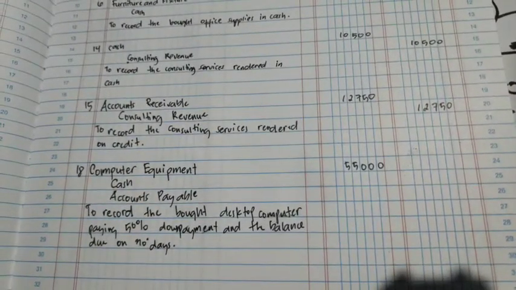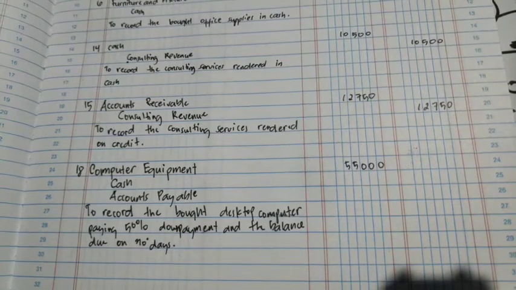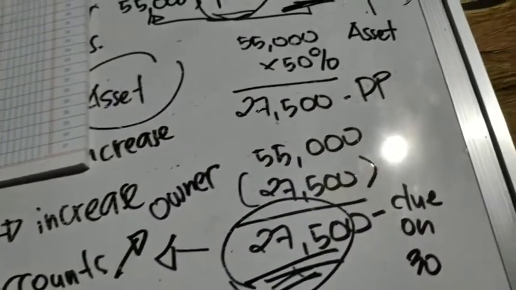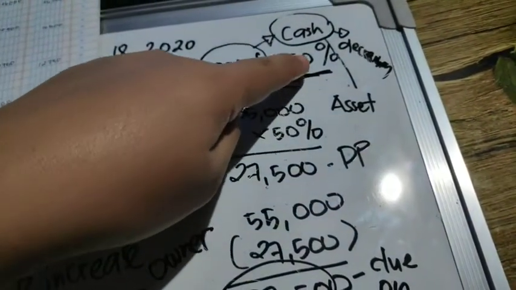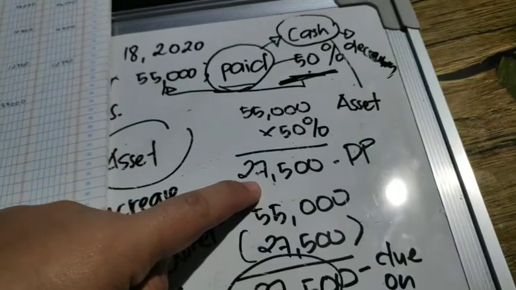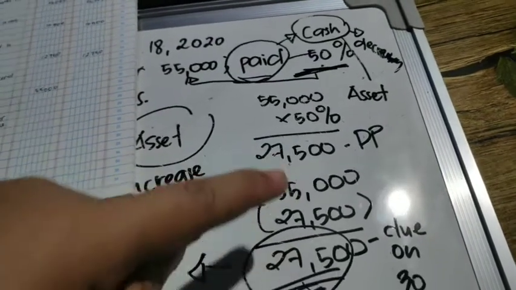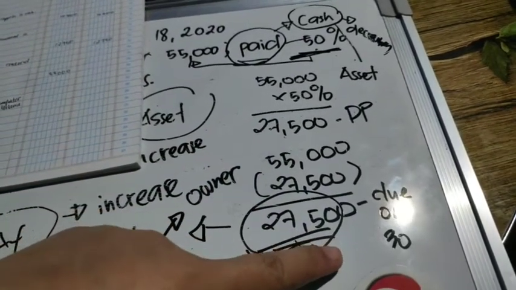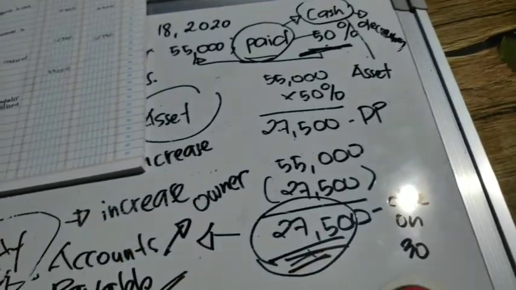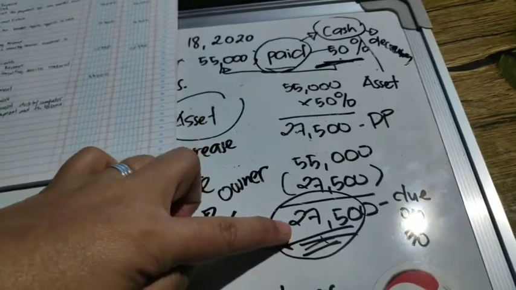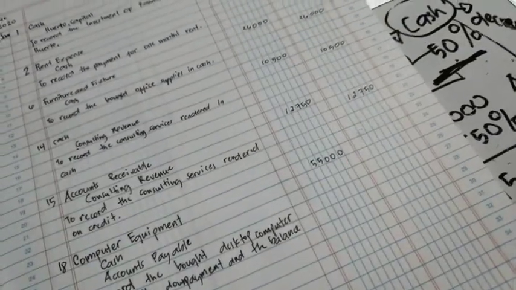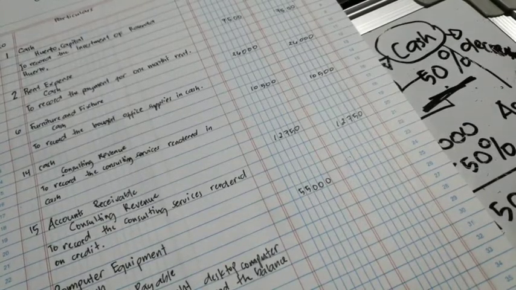Now, you are to write the credit side. For the credit side, we already have a computation of the amounts. For the down payment, which is the 50%, it is 27,500. And for the due on 30 days, the amount is 27,500. So this is your cash and this is your accounts payable.